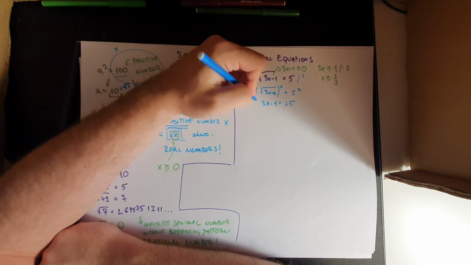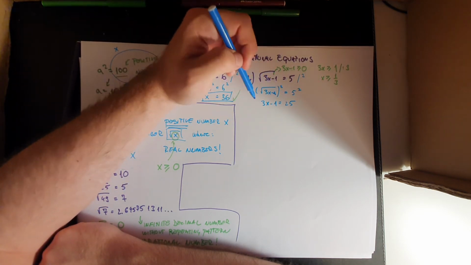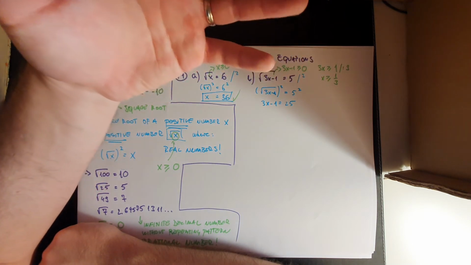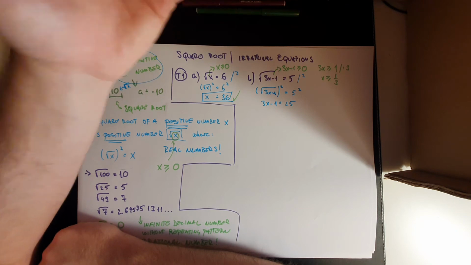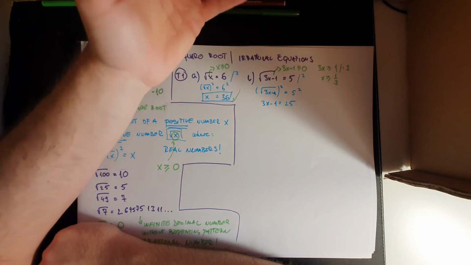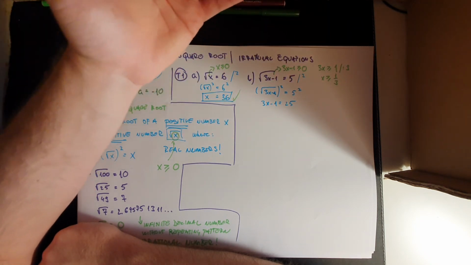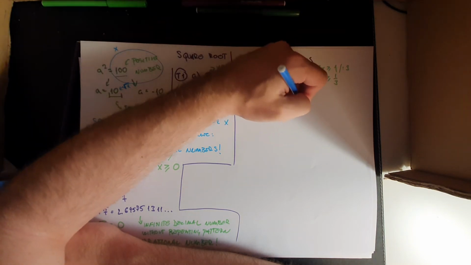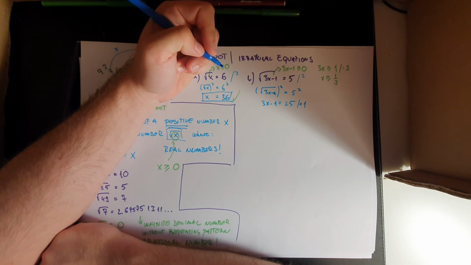Now, what we got is a linear equation, something that we've learned in the first grade, something that you also should have been learning back in primary school or wherever else, and it shouldn't be anything new. So let's solve it till the end. First thing that I'm going to do is add 1 to both sides.